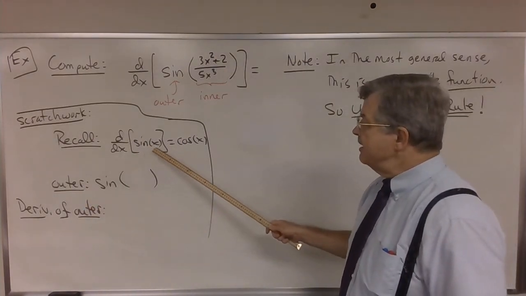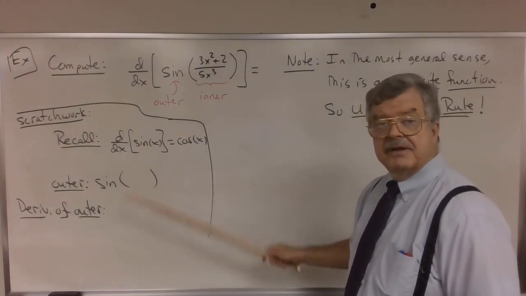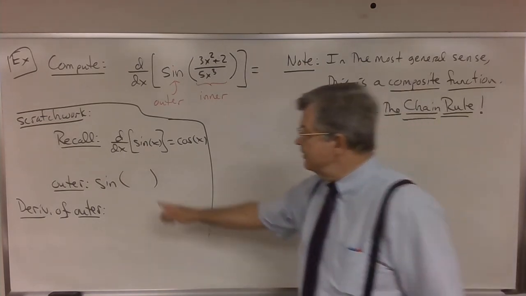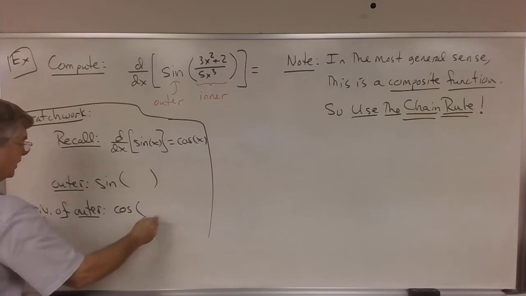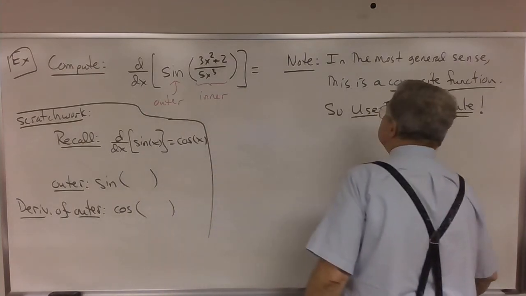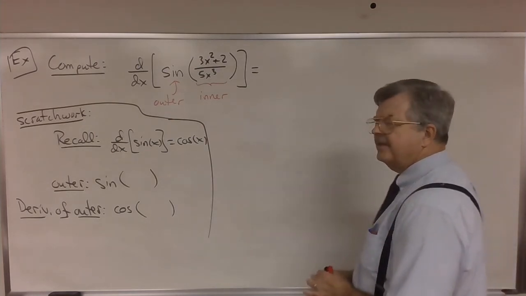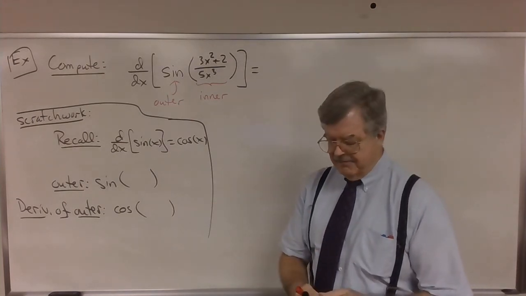The derivative of sine of x is cosine of x. So what's the derivative of the sine of something? Cosine of something? The derivative of the sine of something is cosine of something, or cosine evaluated at something. So there's the derivative of the outer function. And now I'll plan this thing using the chain rule. Derivative of the outer evaluated at the inner times derivative of the inner.